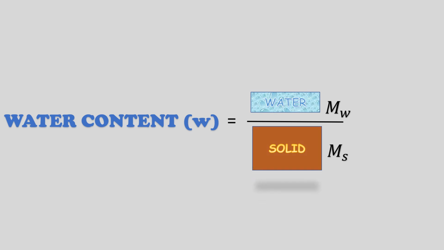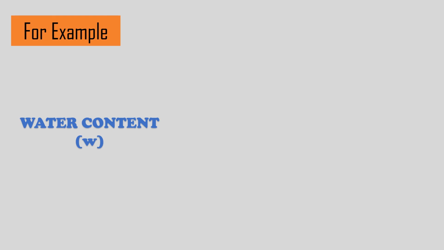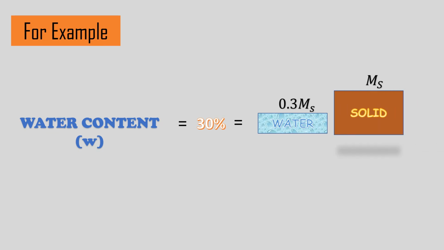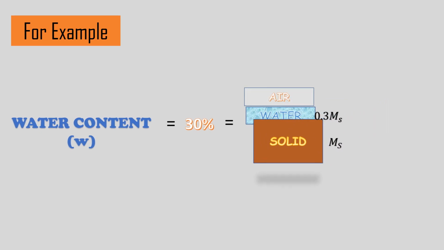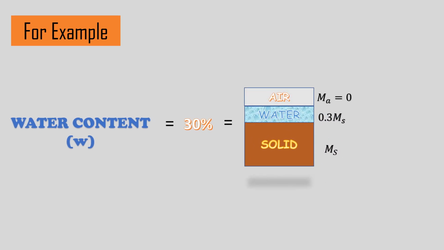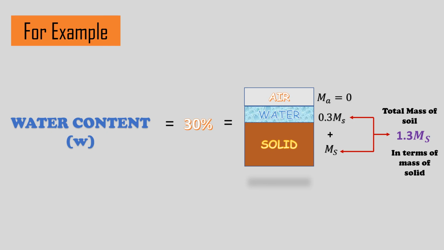It is expressed as a percentage such as 30%, 50%, etc. For example, if the water content of a given soil mass is 30%, it means the mass of water in the soil mass is 30% of the mass of solids. As we have learned previously, the mass of air is always taken as 0. Hence, the total mass will be 1.3 Ms in terms of the mass of solids.